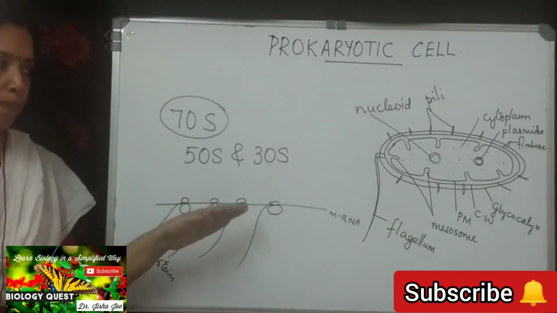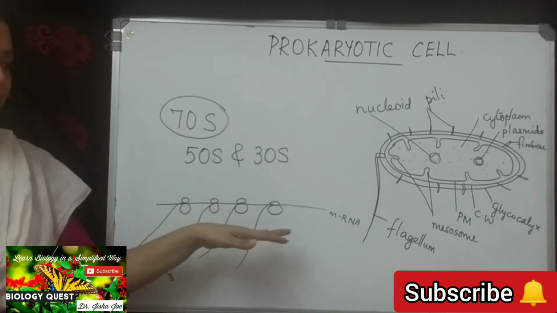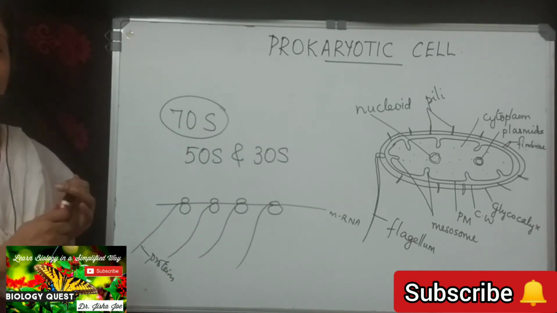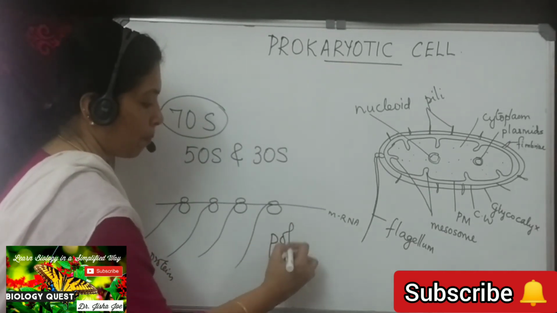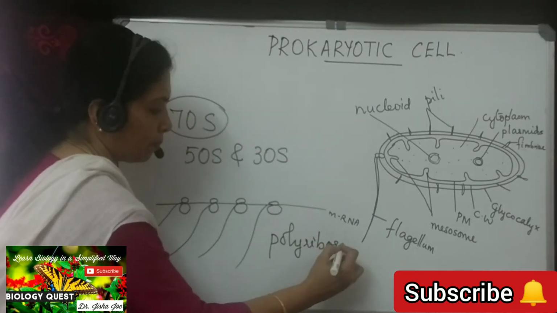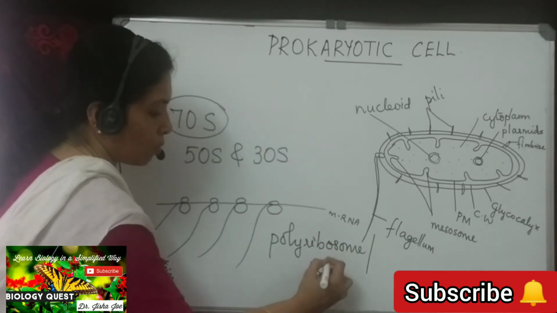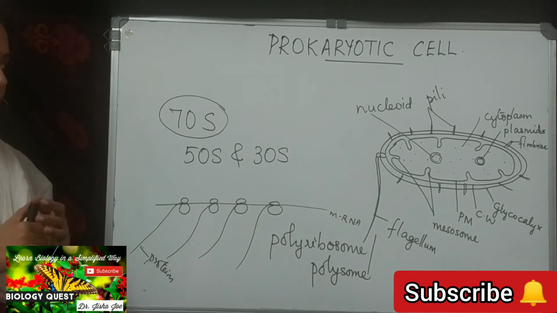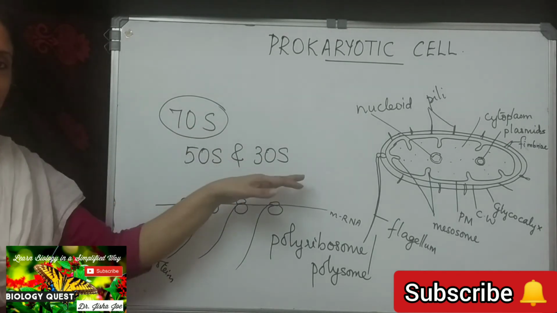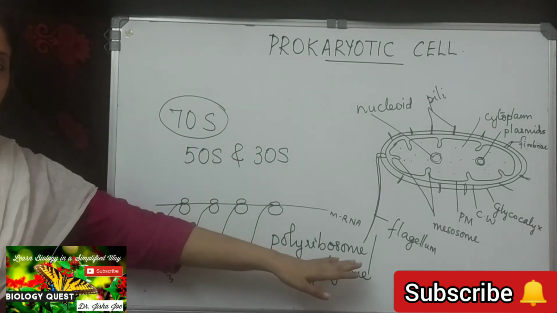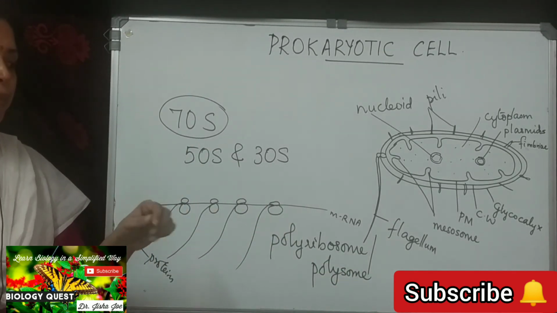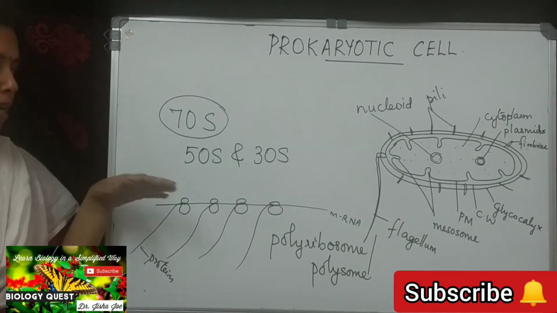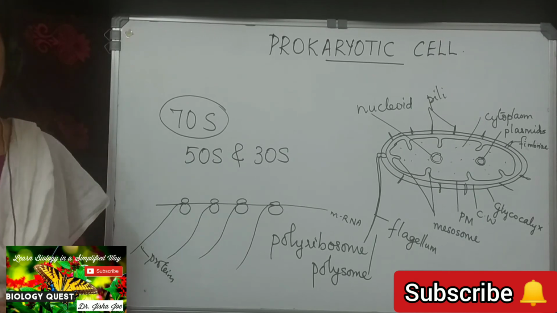So in prokaryotes, you can see several ribosomes attached to a single mRNA to form a long chain, and this is called a polyribosome or polysome. What are the ribosomes present in prokaryotic cells? They are the 70S ribosomes, with subunits 50S and 30S. And in prokaryotes, polyribosomes or polysomes are seen.